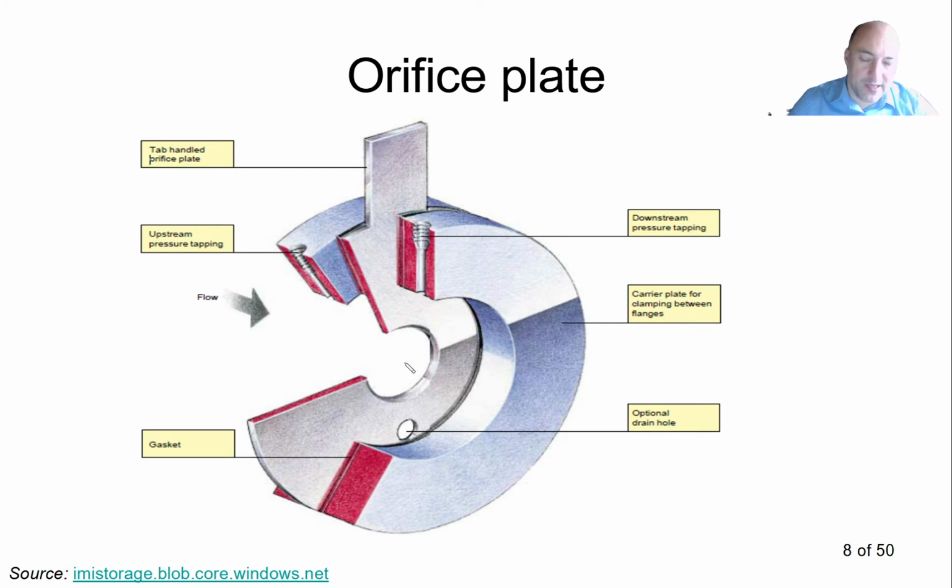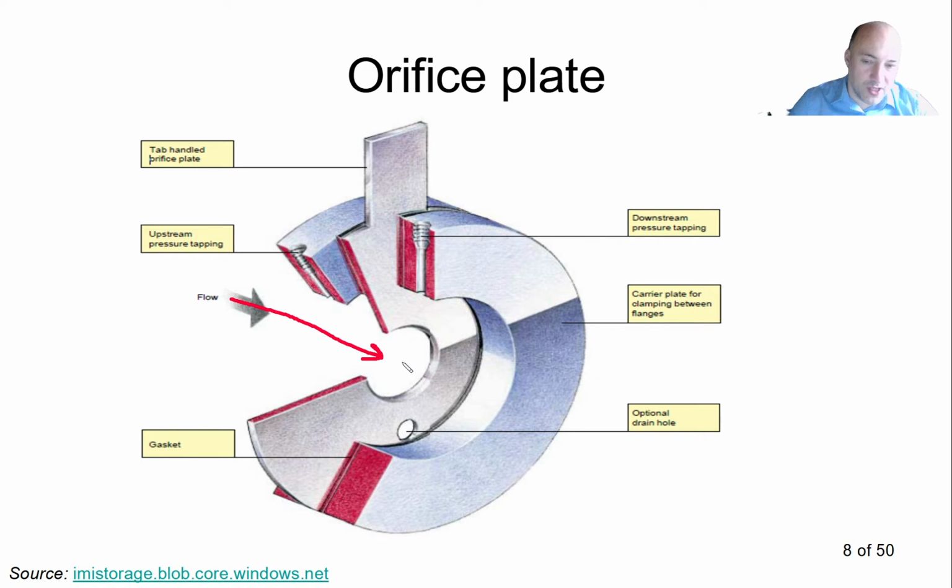The orifice plate is a suitable sensor only for clean media. So only if you have a liquid, for example, or a gas that has no solid or abrasive particles, because abrasive particles can destroy the geometry that we have here on the orifice plate. And we'll see the advantages and disadvantages in a few minutes. Also note that the flow needs to go in a specific direction.